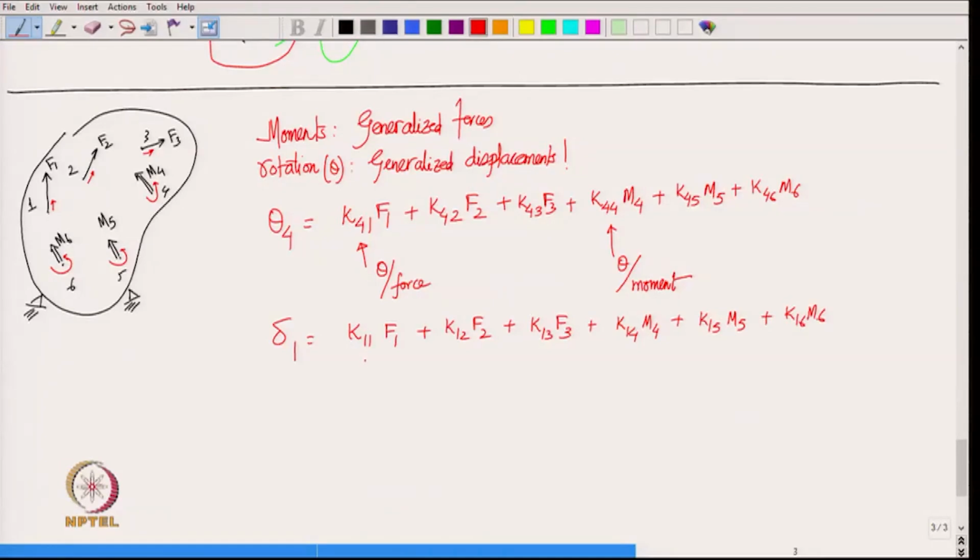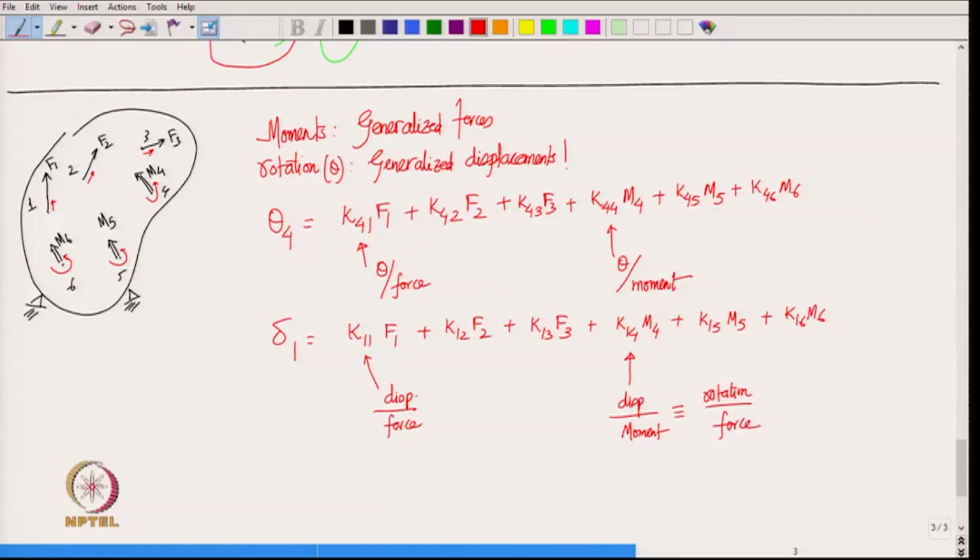And then what are the units of k_11, k_12 and k_13? This is displacement by force, whereas k_14 is displacement by moment, but we know that moment is force into displacement. So, this is equivalent to rotation, which has no unit, over force.